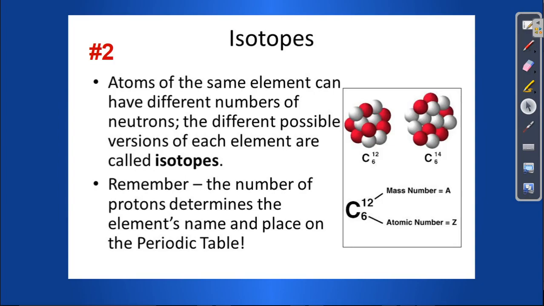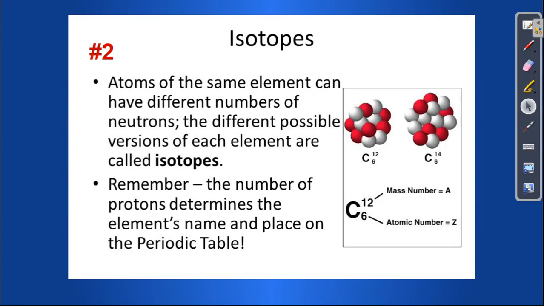The mass that we have in the periodic table, the number at the bottom in your box, the 12.0, is an average of all the masses of all the different kinds of isotopes of carbon. So you need to know the definition of an isotope. An isotope is just atoms of the same element. For example, carbon can be carbon 12, 13, or 14.